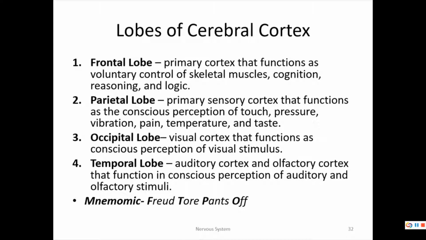Now, frontal lobe. One of the things I will always ask you on this exam is what these different lobes do. I want to make sure you understand the frontal lobe is, first off, the primary place where you voluntarily control your skeletal muscles. There's a portion of the frontal lobe, more specifically called the precentral gyrus, and it is mapped out to control specific parts of the body.